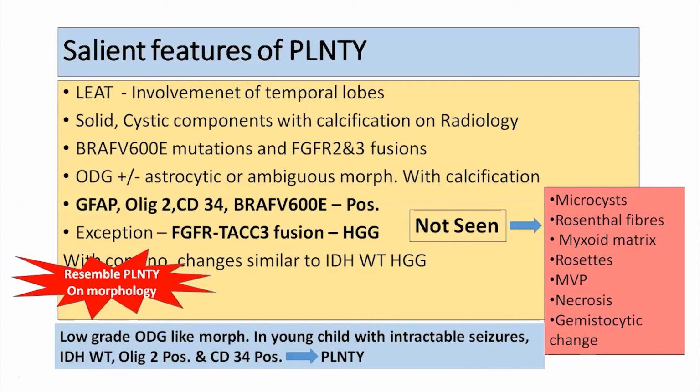So if we come across a tumor showing ODG-like picture with IDH wild-type phenotype, OLIG2 positive and CD34 positivity, we must think of polymorphous low-grade neuroepithelial tumor of the young. But again, the important point is that we must rule out this fusion because it is a feature of high-grade glioma. Morphologically it may be PLNTY, but there are chances that it may be a high-grade glioma, so we must rule out this entity.